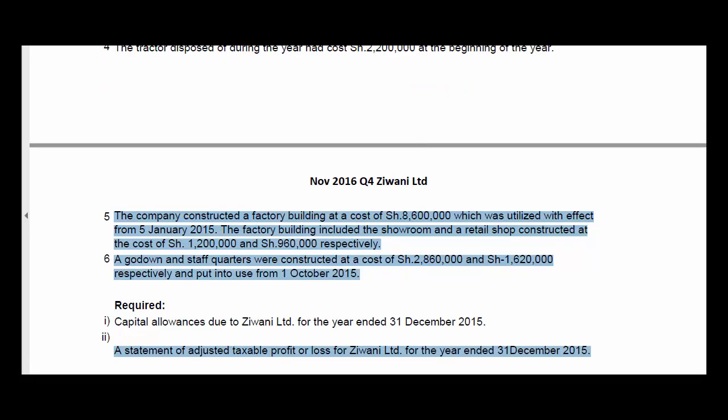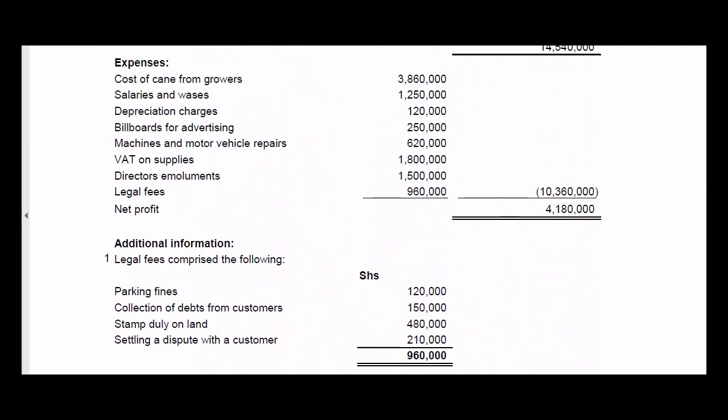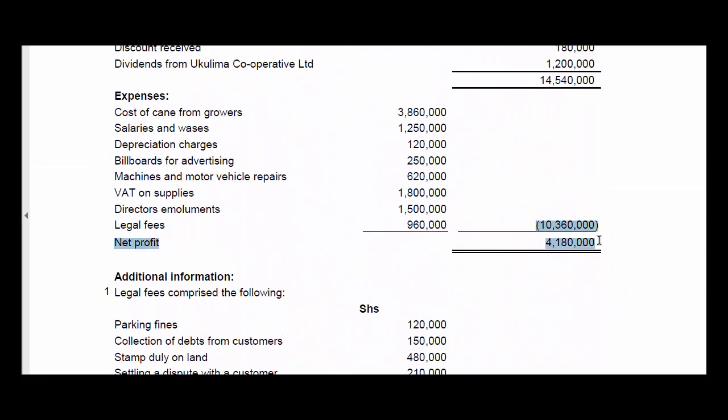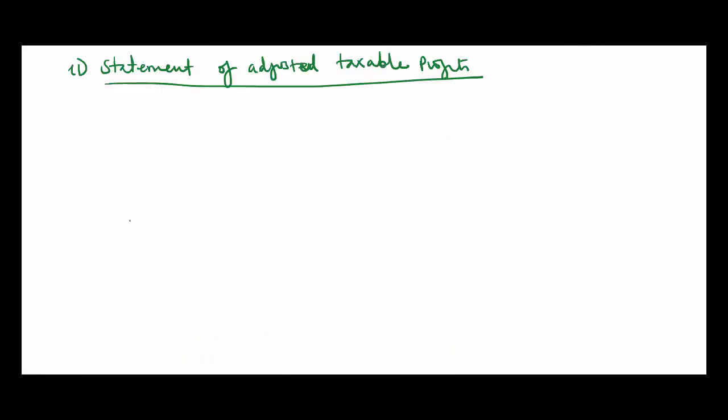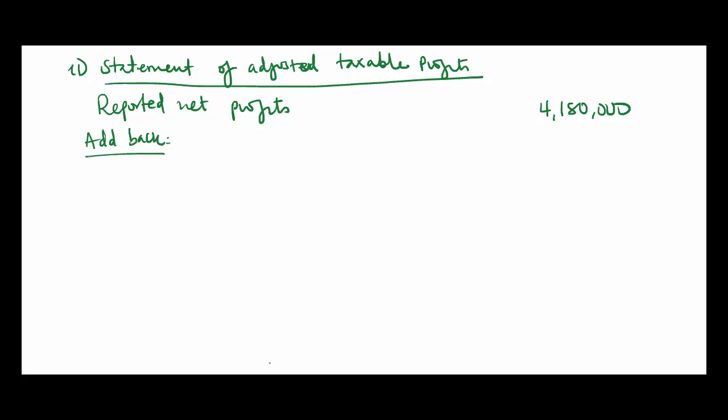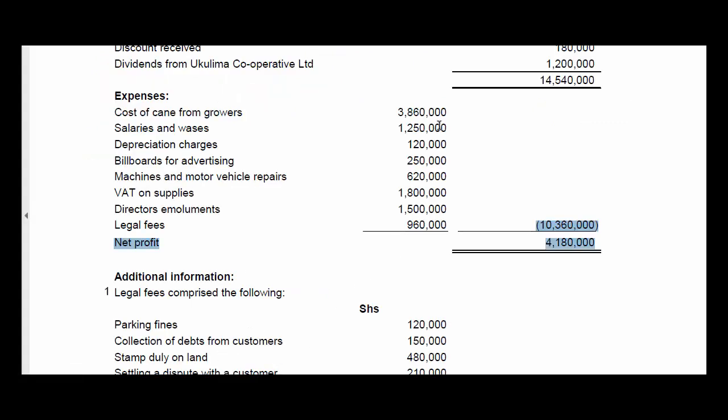So we start with the reported net profit, which was 4180. Then we add back any of these expenses that was not a valid or an allowable expense.